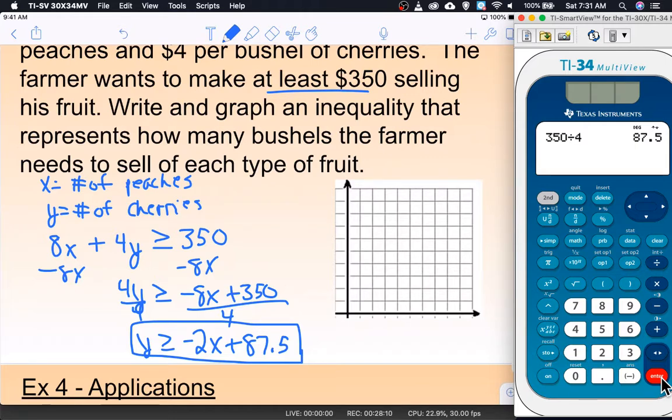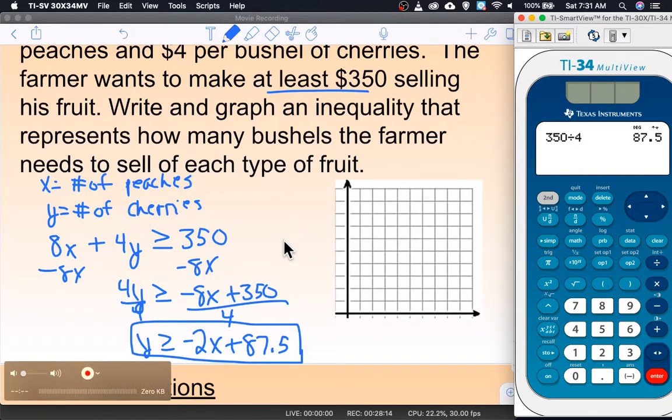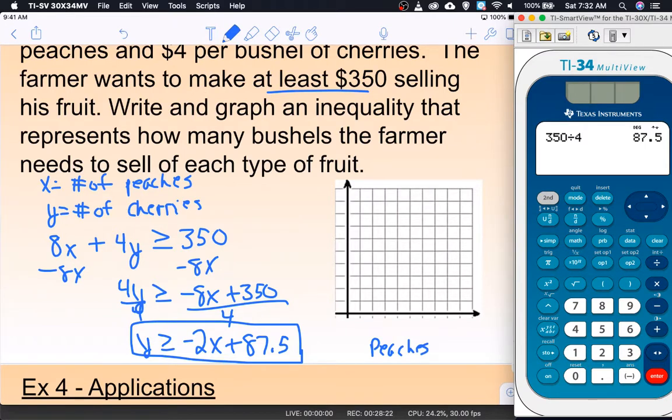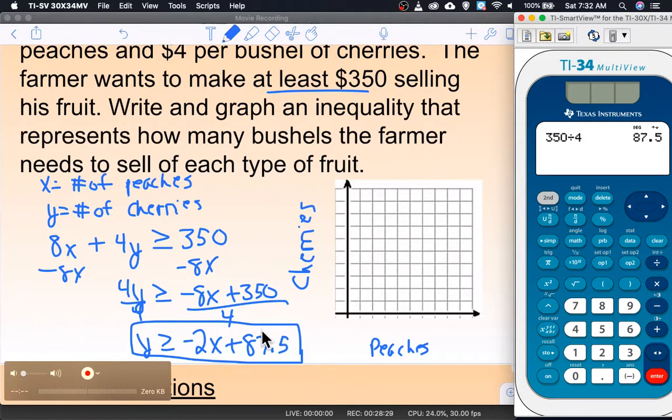So we need labels. The way I have it, I said x is peaches. So we're going to put bushels of peaches here and bushels of cherries here. I can see that my y-intercept needs to go up to at least 90. If I count by tens, that takes me up to 100, which is pretty good.